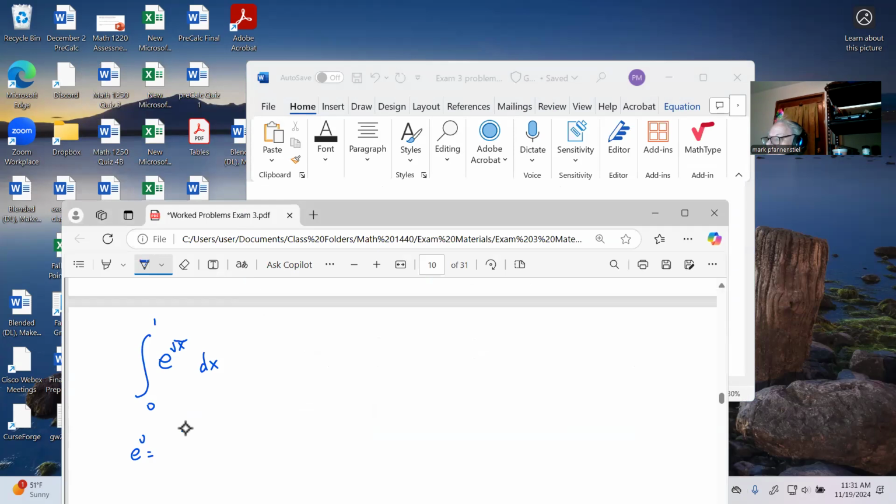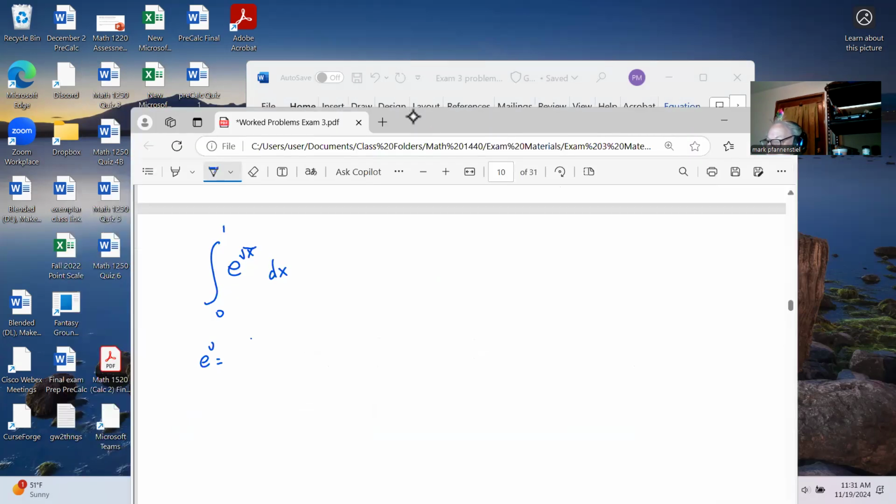So let's go up here. We've got 1 plus u plus u squared over 2 plus u cubed over 6, that's 3 factorial, plus u to the fourth over 4 factorial, which would be 24. Now, what u is actually going to be, we're going to say let u equal the square root of x.